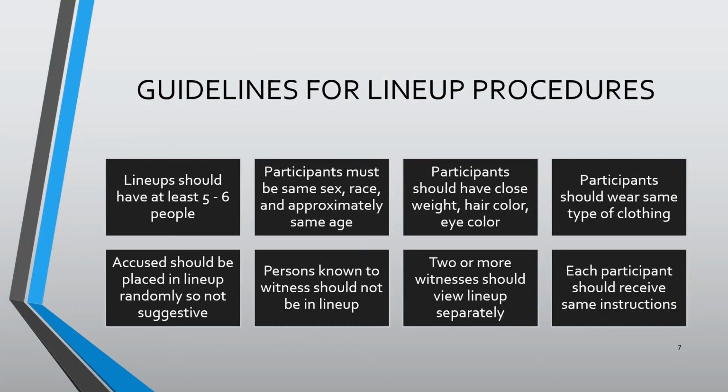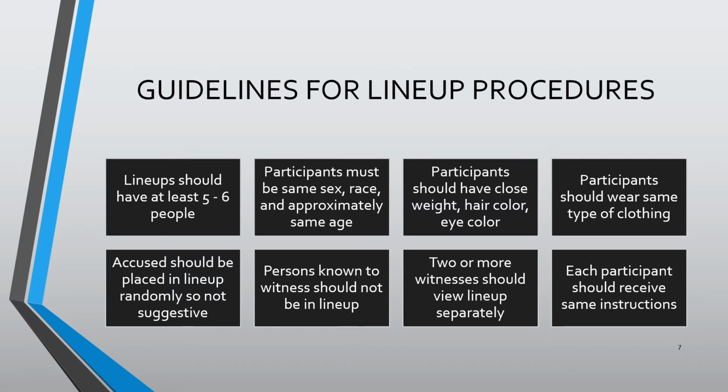Let's look at some suggested guidelines for lineup procedures. Lineups should have at least 5, but generally 6 people. Participants should be of the same sex, race, and approximately of the same age. Their personal characteristics should be close. For example, approximately same weight, hair color, and eye color. Participants should wear the same type of clothing.